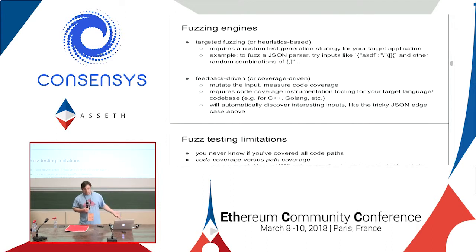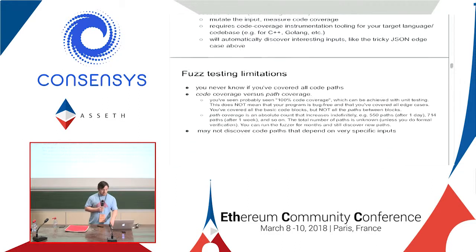But coverage-driven works out of the box on any piece of software whose code coverage can be instrumented, and it automatically discovers the tricky inputs that developers would come up with. It works out of the box on any piece of software that you apply it to.